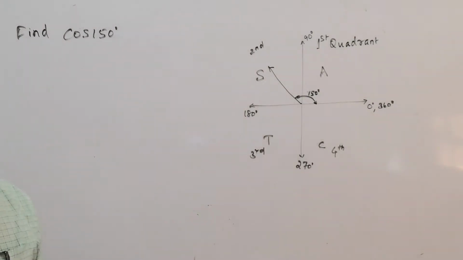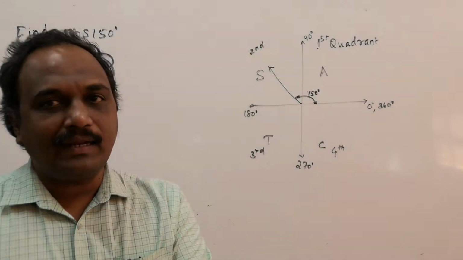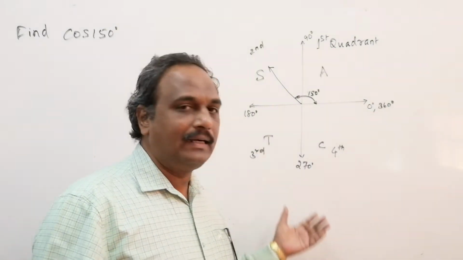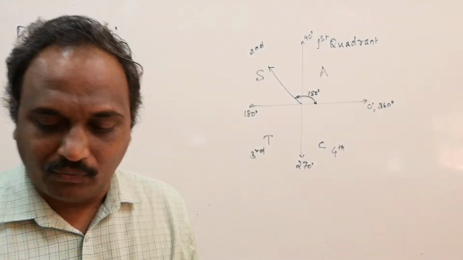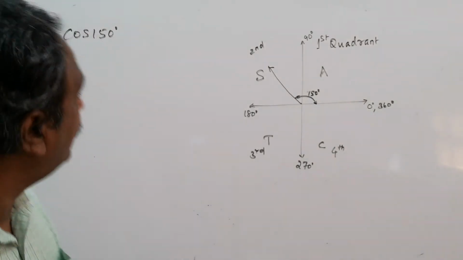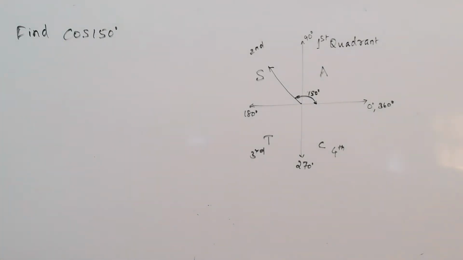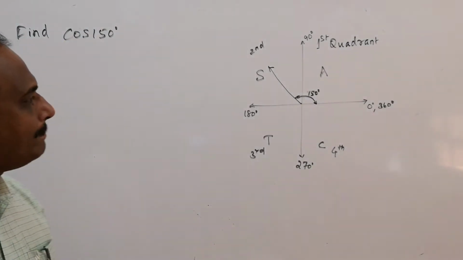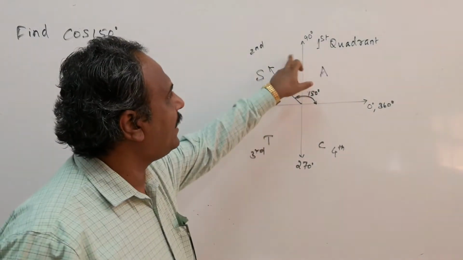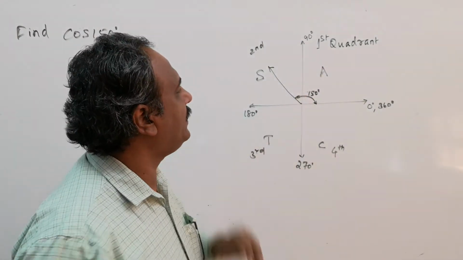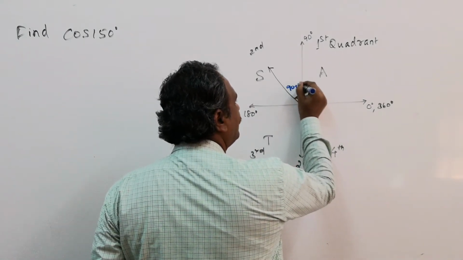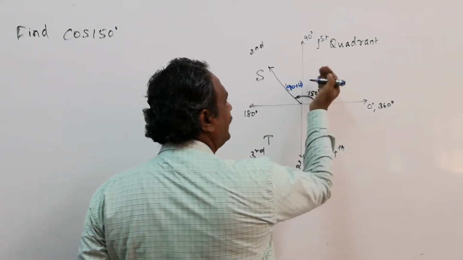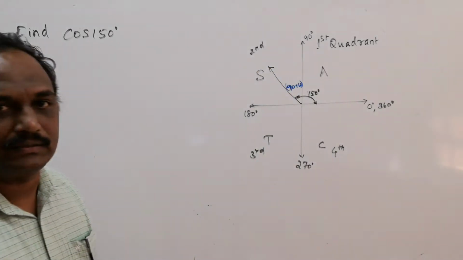This is what we are going to discuss: when we are having angles other than the standard angles, how are we going to find the trigonometric values? For example, I am having cos 150. When I check here, I can say 150 is nothing but 90 plus 60, isn't it? If I take from the front, this is 90 plus 60.